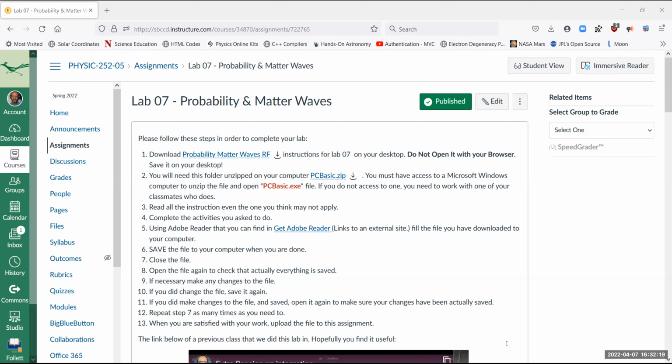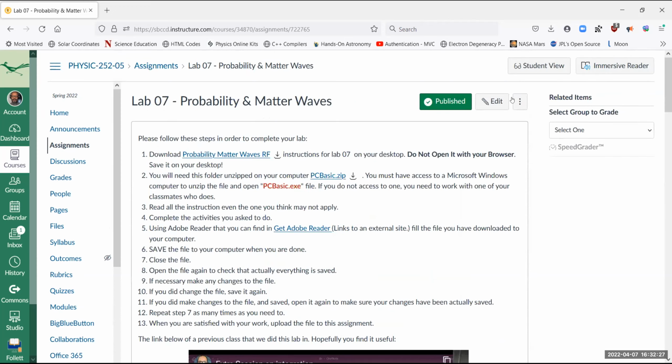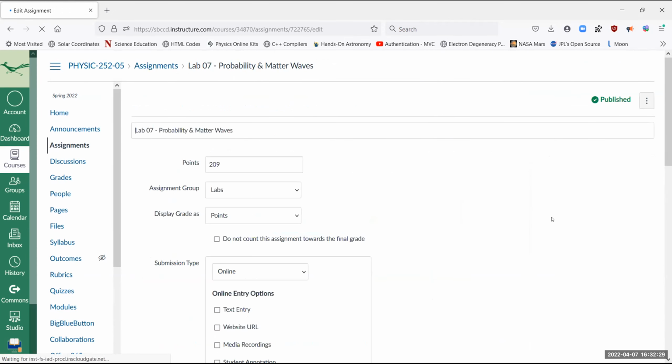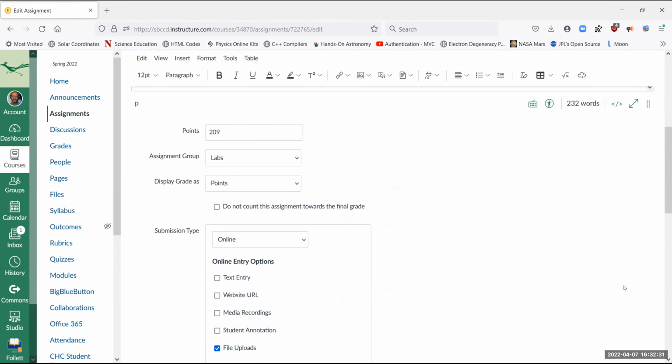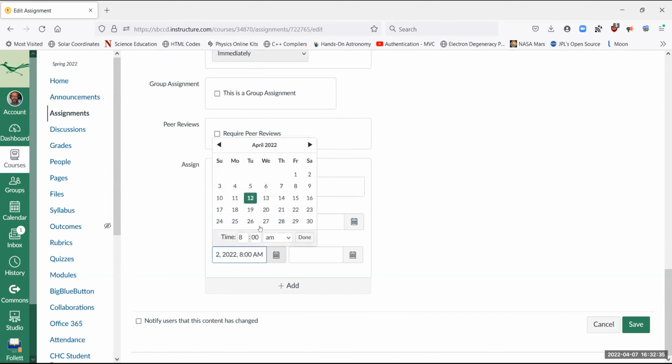But now it says it's locked until 8 a.m. on the same day, the 12th. Why is the 12th? I'm sorry. Let's make it today.